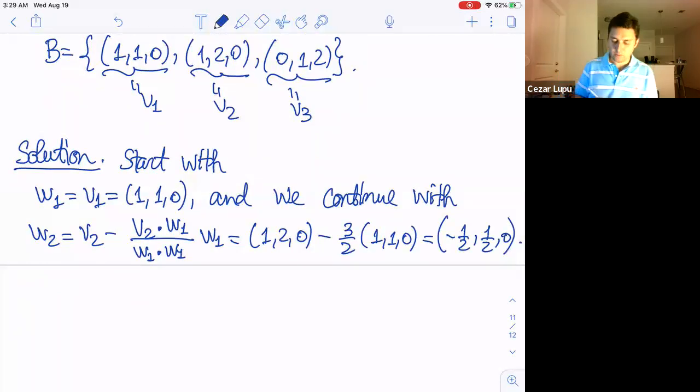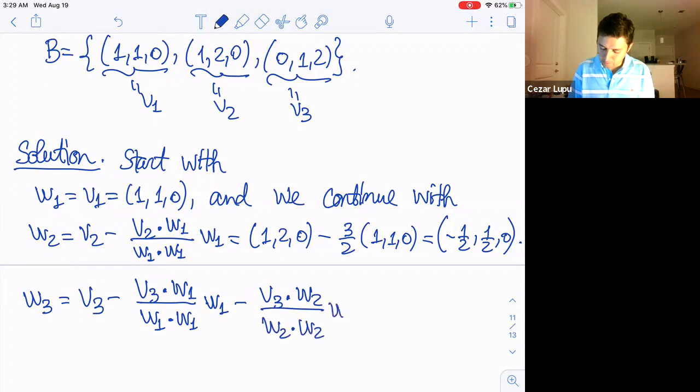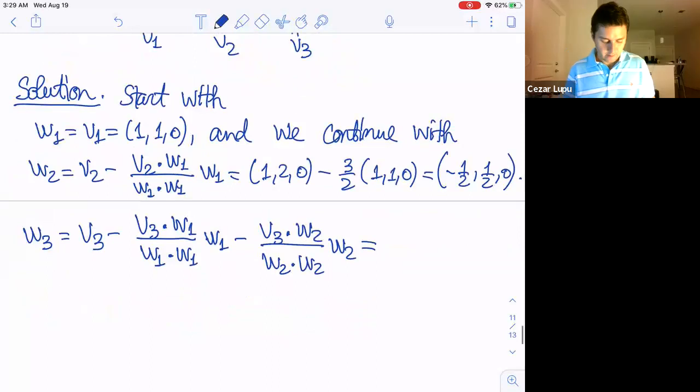This will be my W2, and now W3 will be, by the same formula, V3 minus V3 dot W1 over W1 dot W1 times W1, minus V3 dot W2 over W2 dot W2 times W2. And now let's do this.